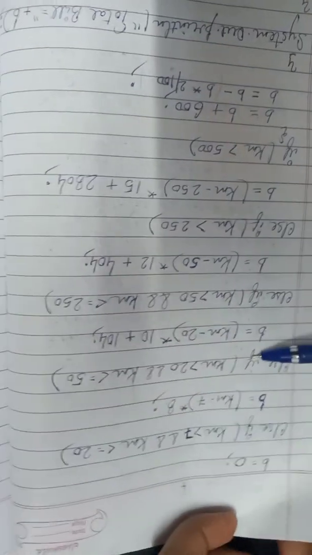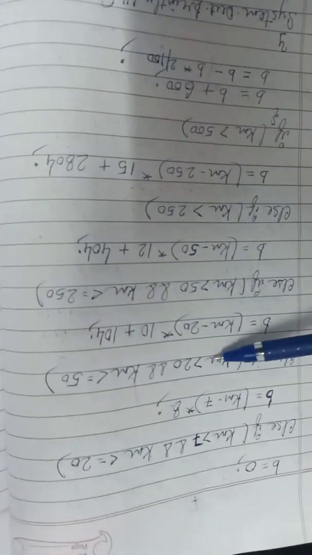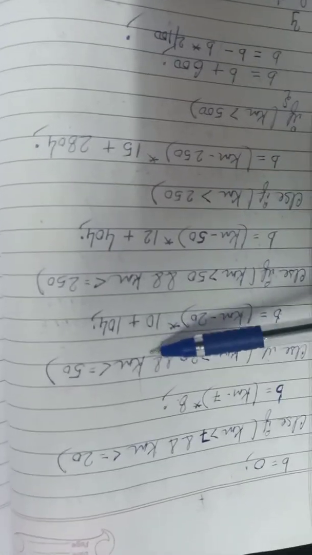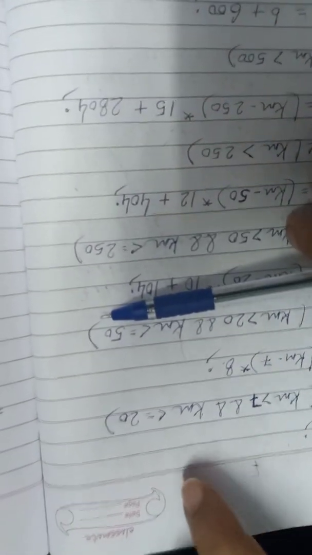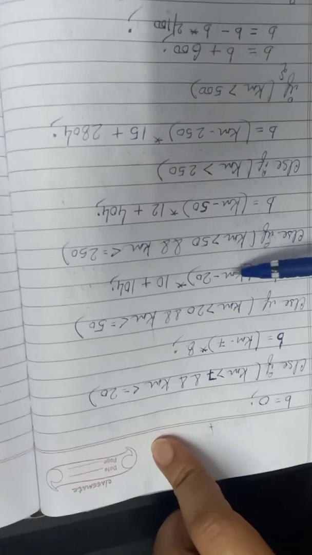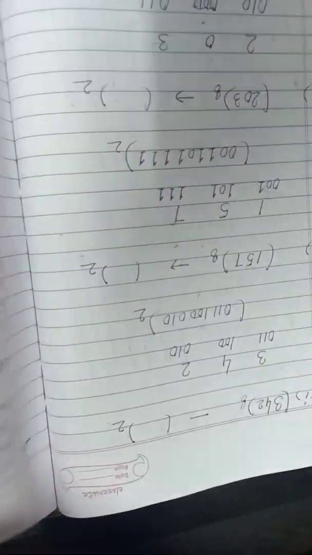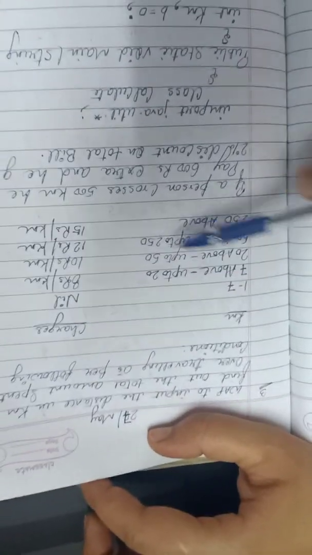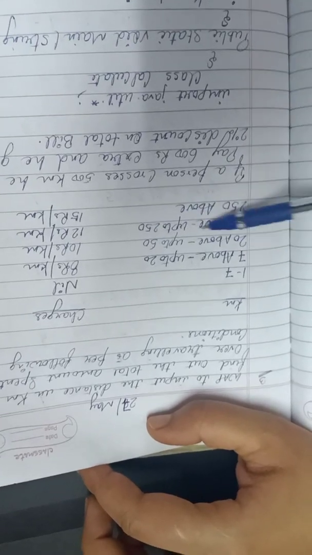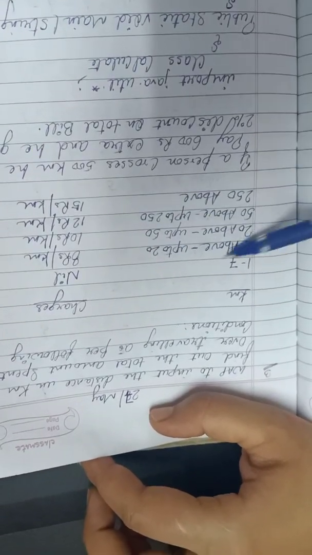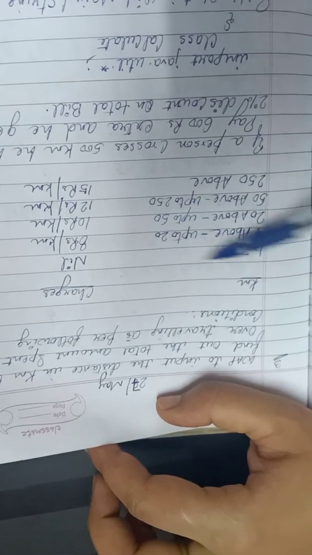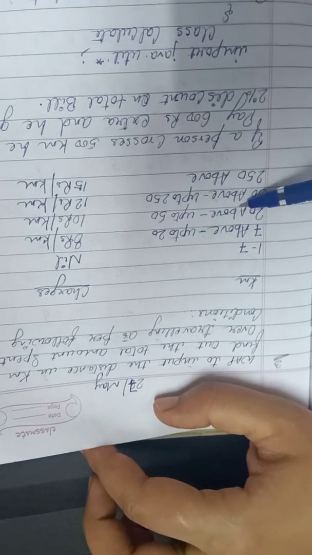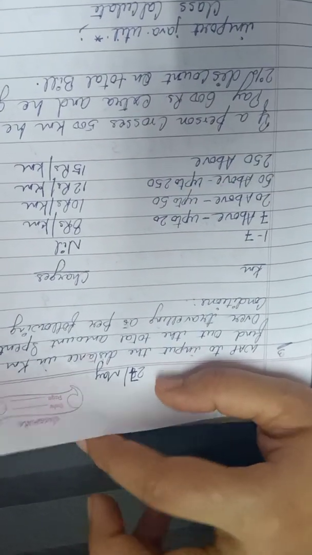Now else if kilometer is greater than 20 and kilometer is less than or equal to 50. Now charges are (kilometer - 20), because the previous 20 we will not calculate again; we have calculated that over here. So the next part takes 20 to 50.